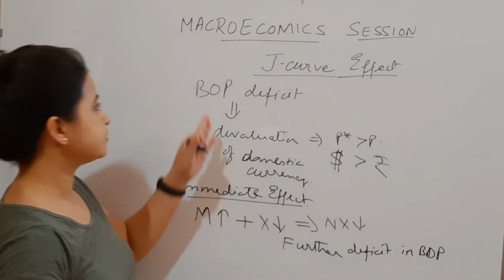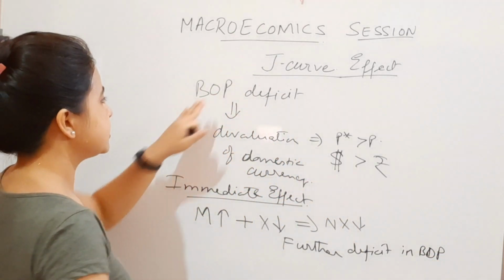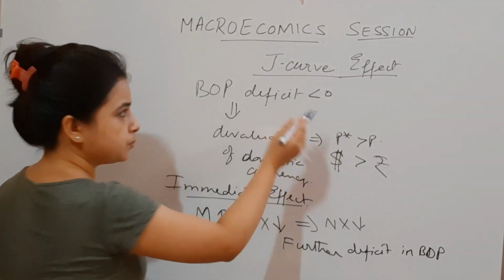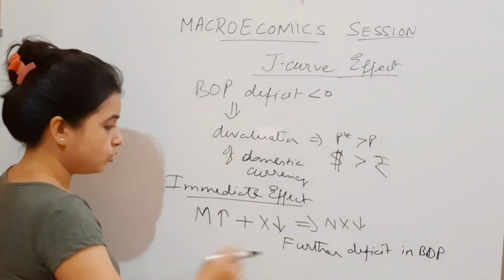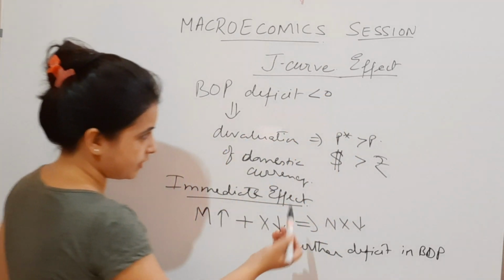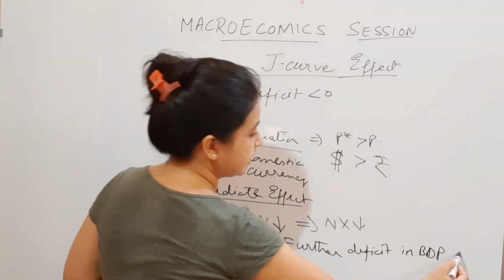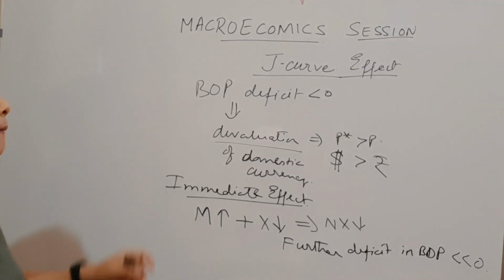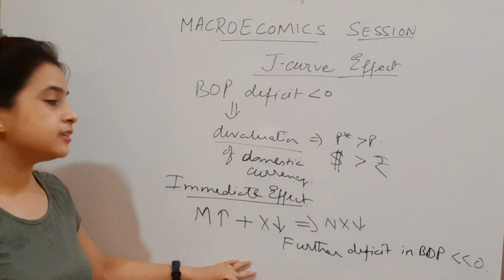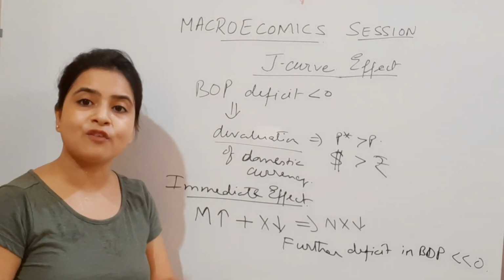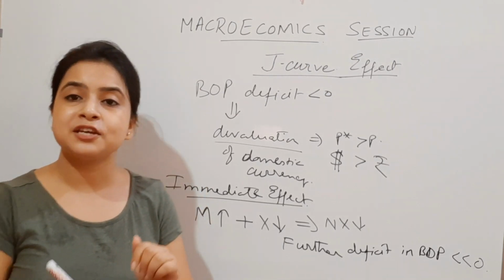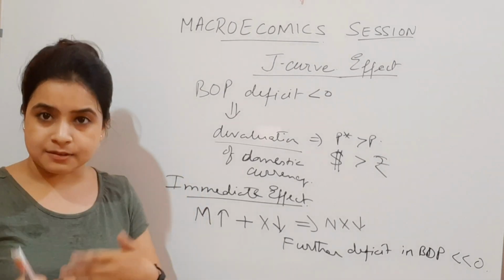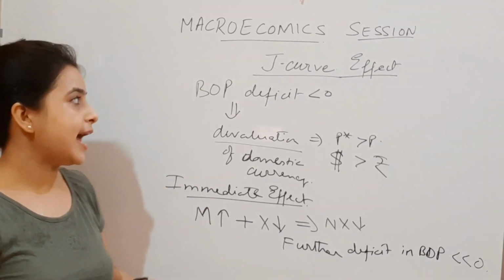That means in the starting, the initial situation, BOP is in deficit, and now due to this immediate effect, or due to this devaluation, we can find the BOP is getting more negative.